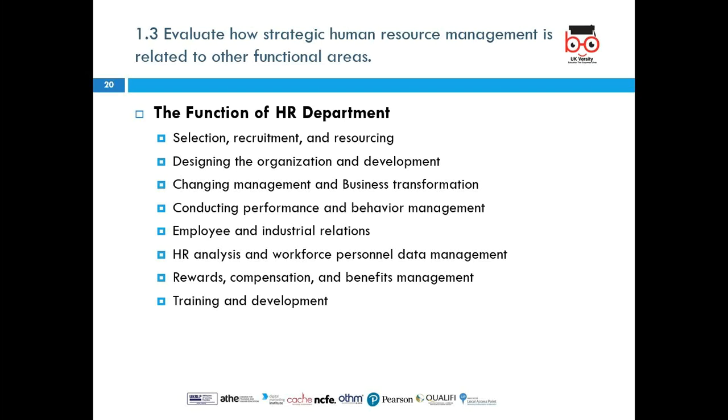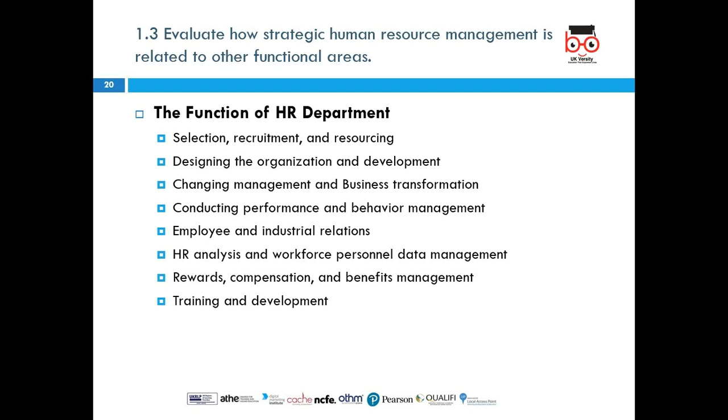If you remember the Michigan model, BAT model, we were already mentioning things like recruitment and selection, designing the organization and workflows and work structures, change management and business transformation, performance management, employee relations and industrial relations with trade unions, workforce analysis or HR analytics as some people call it, rewards and compensation, salary and benefits, training and development. So these are key functional areas of the HR department.